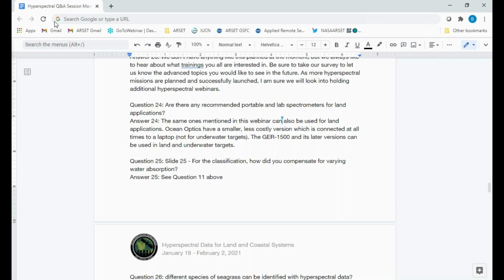The one again that we use, the 1500 and its later versions, can be used on land and underwater targets. And like I said, there's a few of them out there. It's a matter of your project budget and the specific hypothesis or questions that you want to answer.